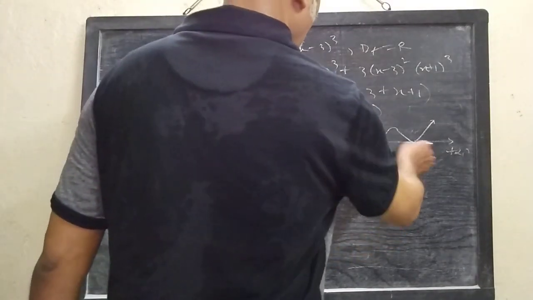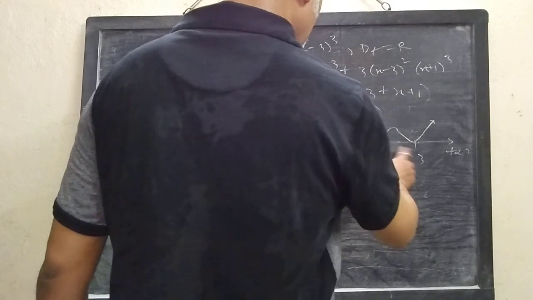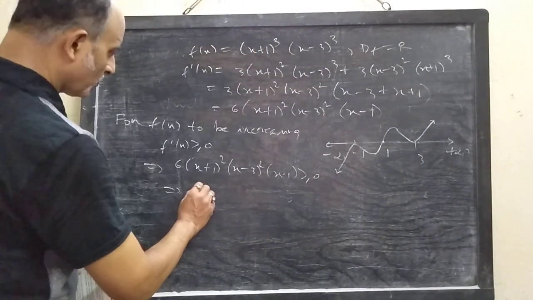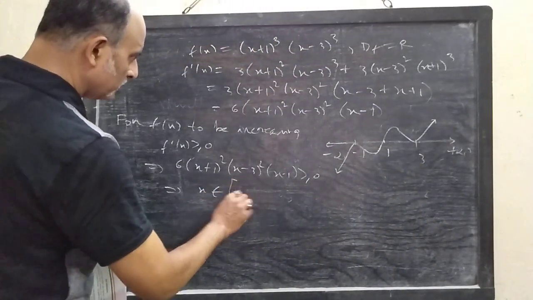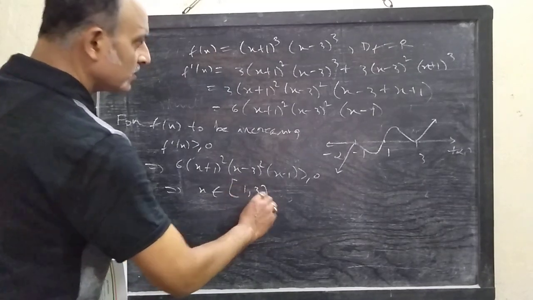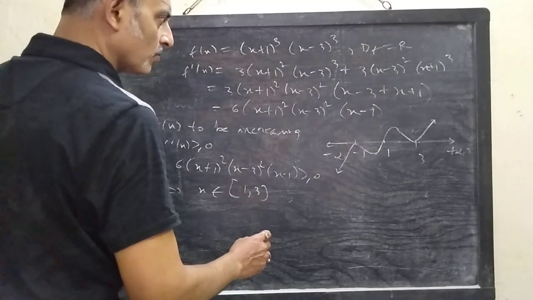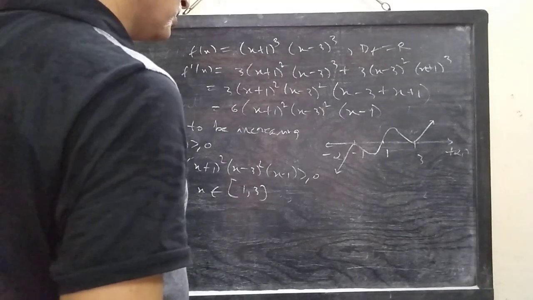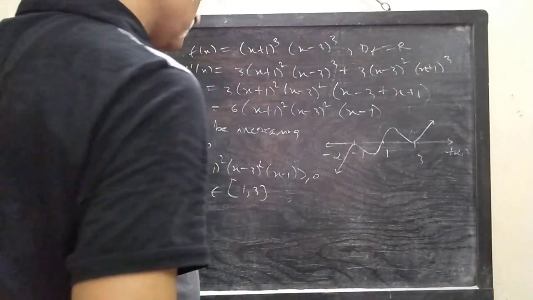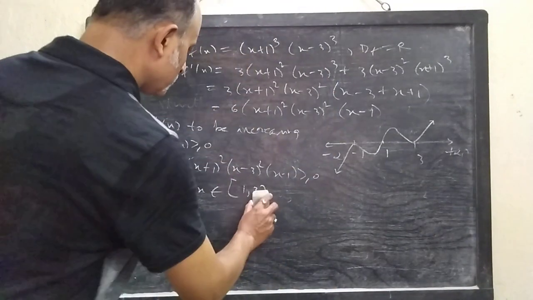The curve is above the line here. So x belongs to closed 1 to 3, and 3 to closed 1 to infinity will also be the same.